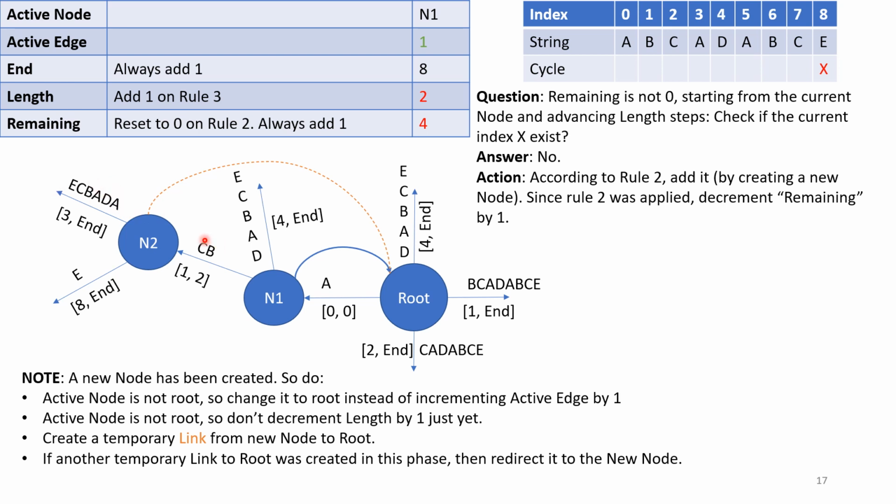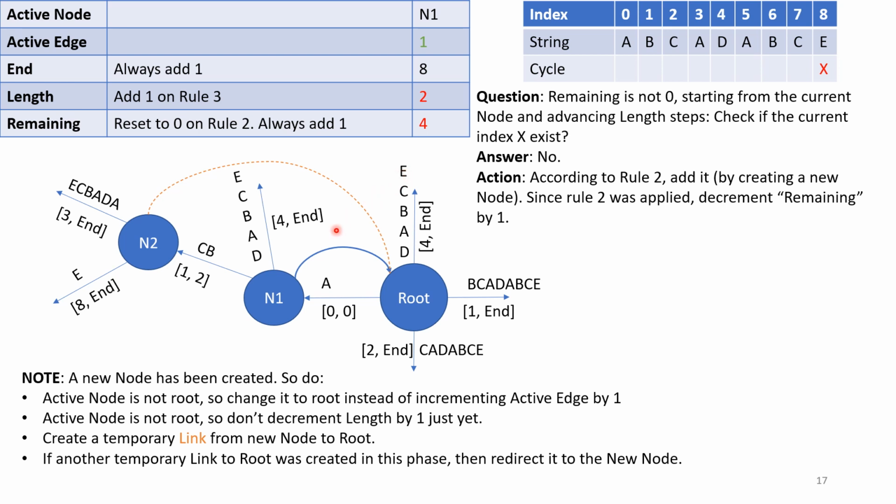So we had to fall into rule 2, which says add it. In this case, we couldn't add it without adding a node, so we add the node to be able to have the new path for E. And since rule 2 was applied, we'll decrement remaining, so this is going to turn into a 3.